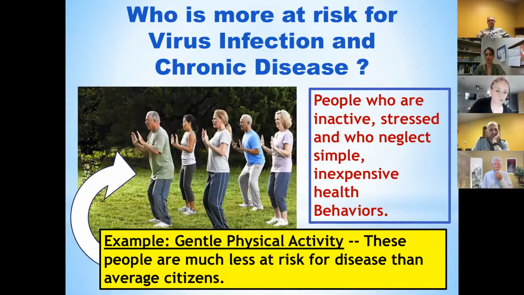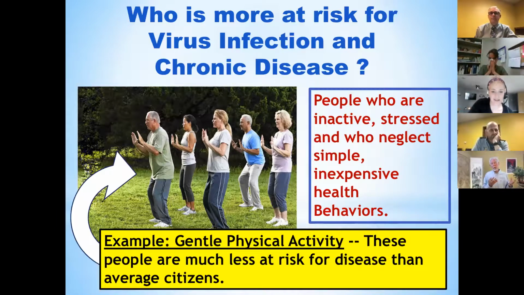So here we go with this idea of how does a community raise its capacity to be more resilient in the face of both viral infection and chronic disease? Because there are really just two types of disease.